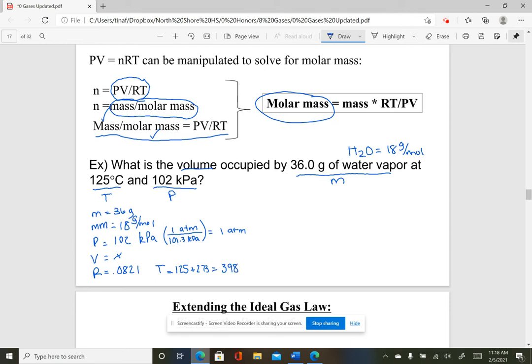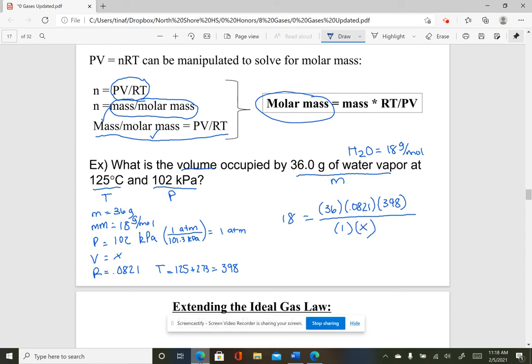All right, so let's plug it in. My molar mass is 18. My mass is 36. My R is 0.0821. My T is 398. Over, my P is 1. And my volume is X.